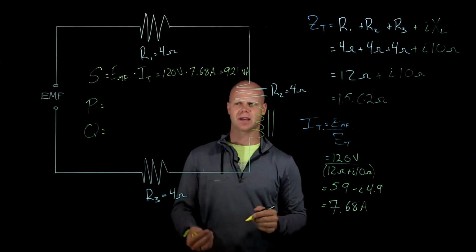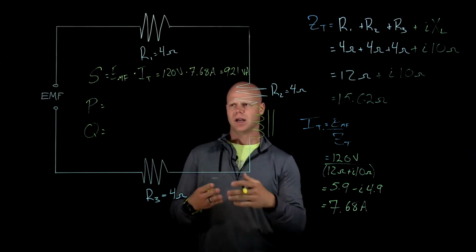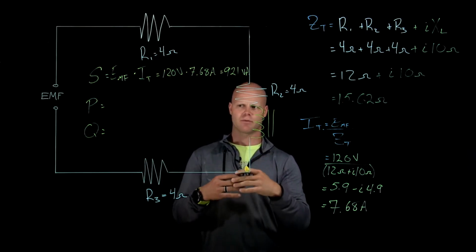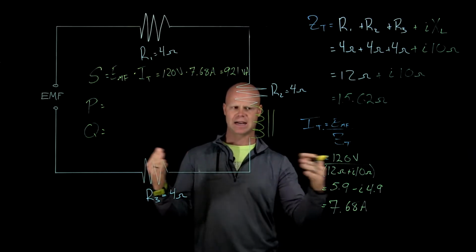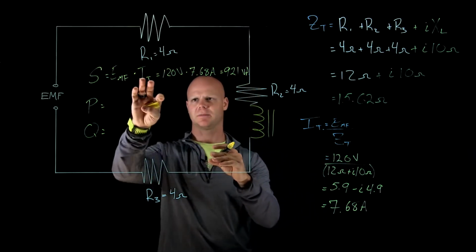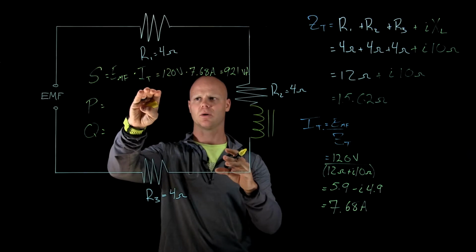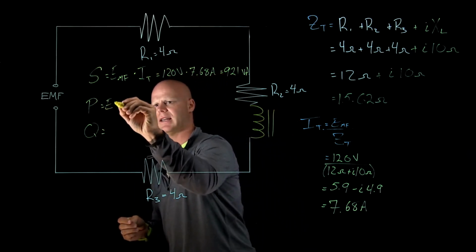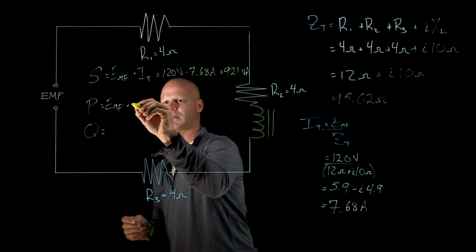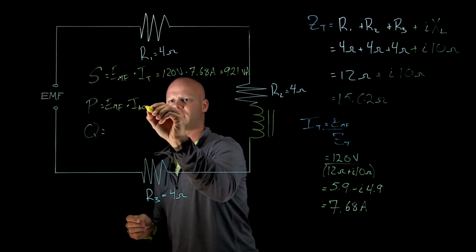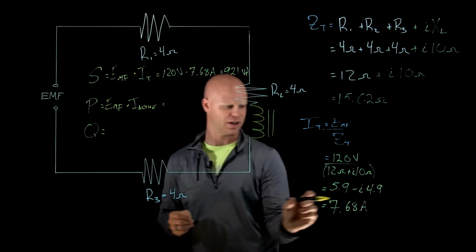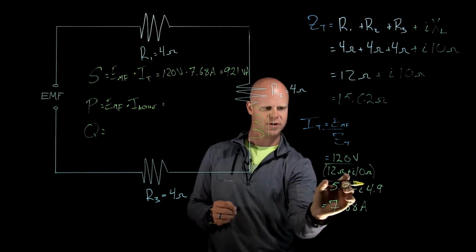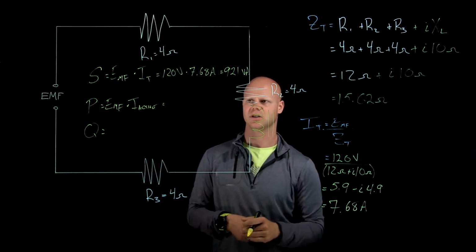The same thing can be done with power, and we have to remember that power is my real component. It is my active component. So when I'm determining which current to multiply by, I don't want to take my total again because I'm going to come up with the same value. I'm going to take my applied EMF, multiply it by my active current, which is my horizontal or the real value of current that I solved for.